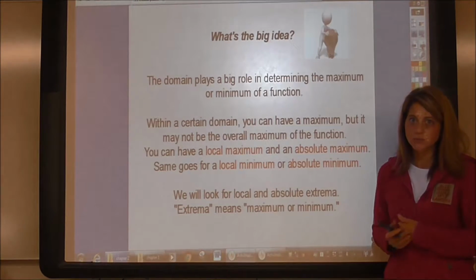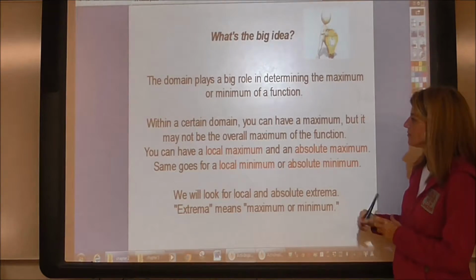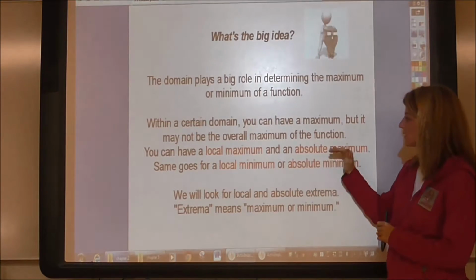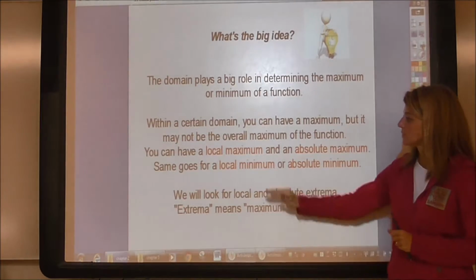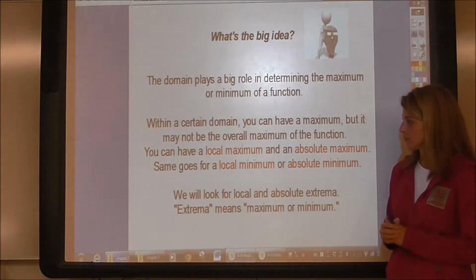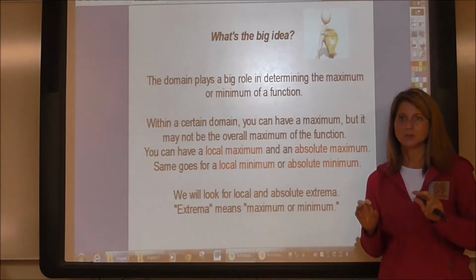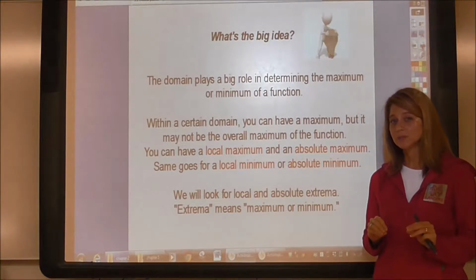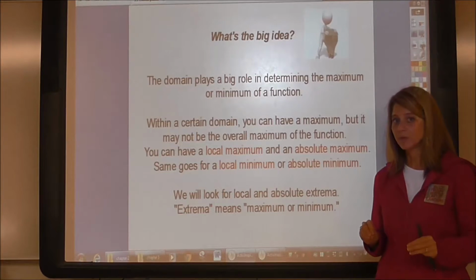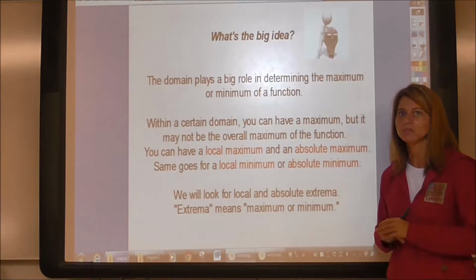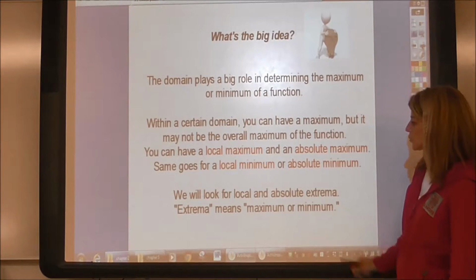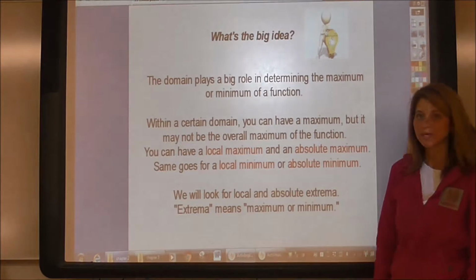Just reminding you of some vocabulary words, you can have local maximums and absolute maximums. You remember the difference, right? You can have local minimums or absolute minimums. And the locals you can also call relative. You can call them a relative maximum or a relative minimum. Still lows or highs, just not the highest or lowest overall. So we're going to look for some local and absolute extrema.